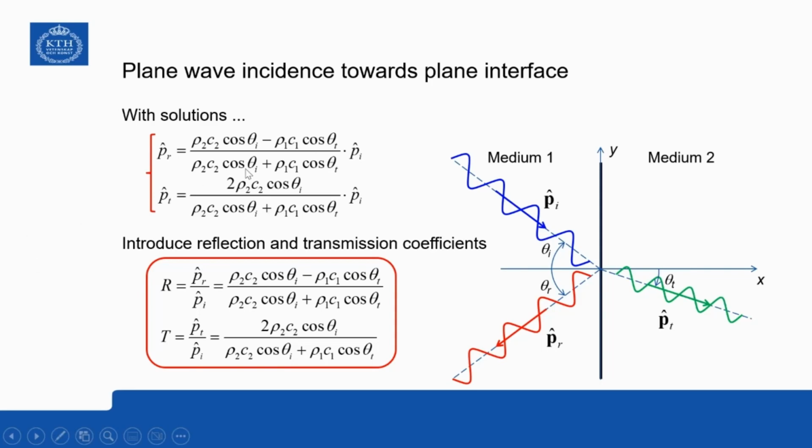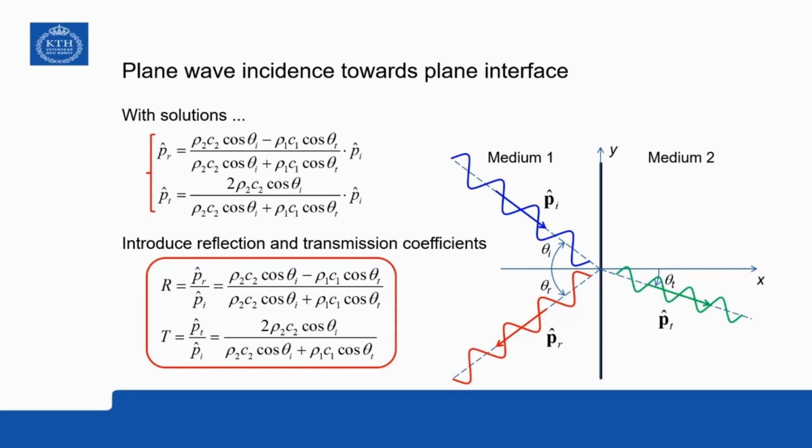And from the first equation here, you can see that this is the reflection coefficient. In a similar way, you can introduce a transmission coefficient as the ratio of the transmitted sound pressure amplitude over the incident sound pressure amplitude and get this result. So this is important to remember. These are the reflection and transmission coefficients with respect to sound pressure.